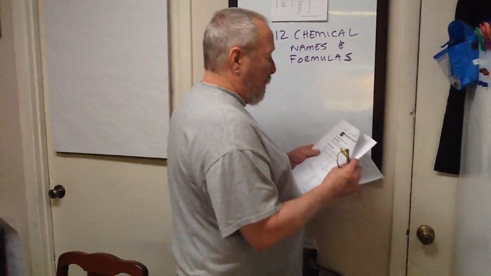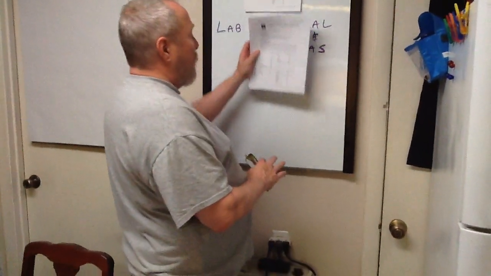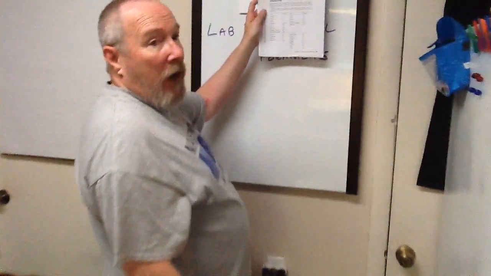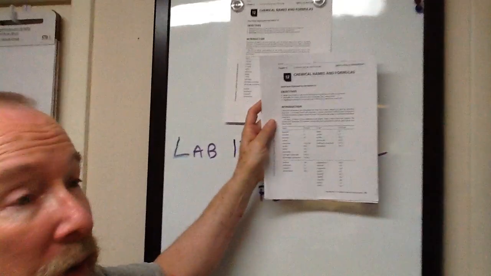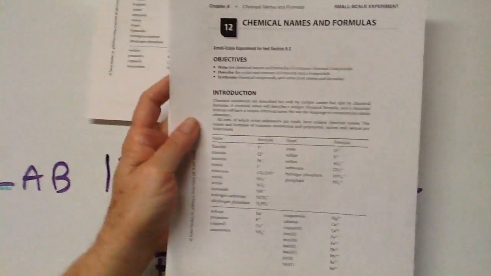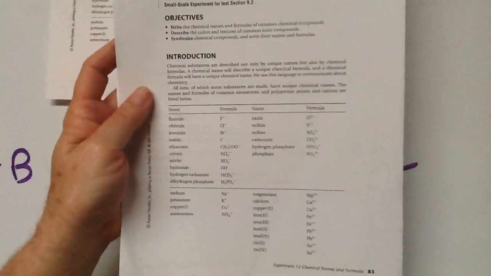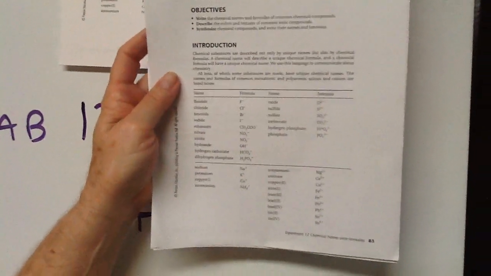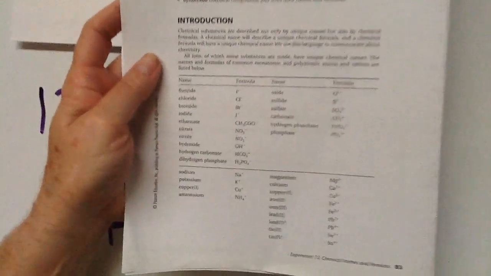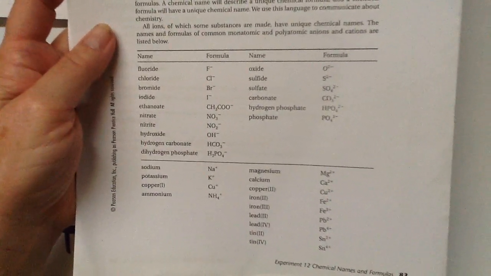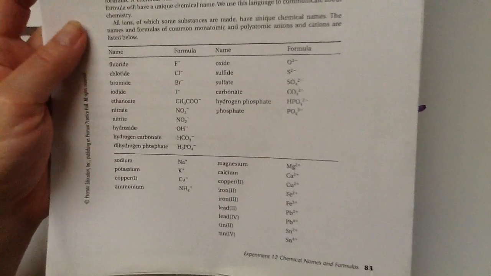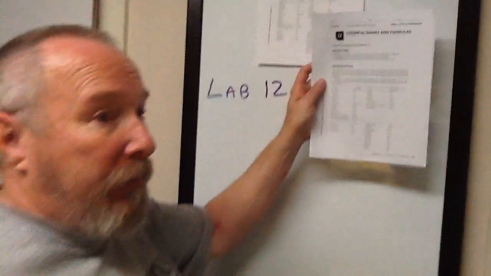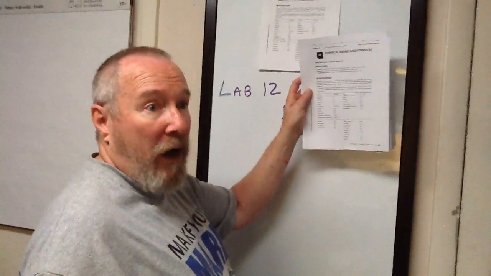If you read the instructions, you'll see the first page has a list of common ions, including some polyatomic ions, but also some of our group 1 metals and positive ions, and some of our halogens and other group A nonmetals, where when we make a negatively charged anion, we convert that name by dropping the ending and changing it to "ide."